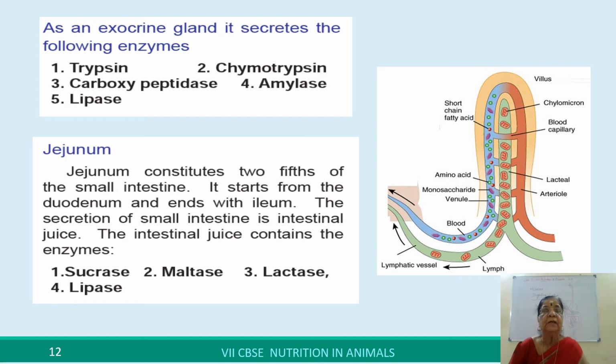What does it mean? Trypsin and chymotrypsin act upon proteins, and carboxypeptidase breaks them further into peptides and peptones. Amylase is pancreatic amylase: if any starch is not digested, that will be done here. And lipase makes fatty acids and glycerol. So this is for the exocrine part of the pancreas.